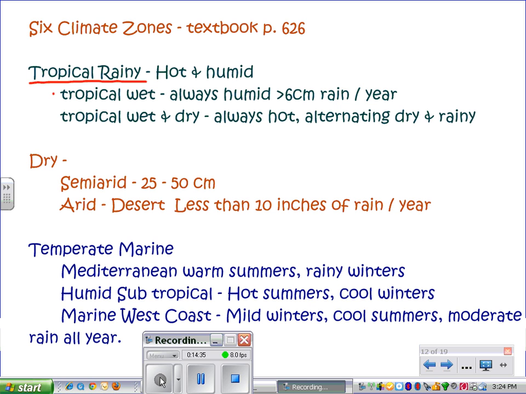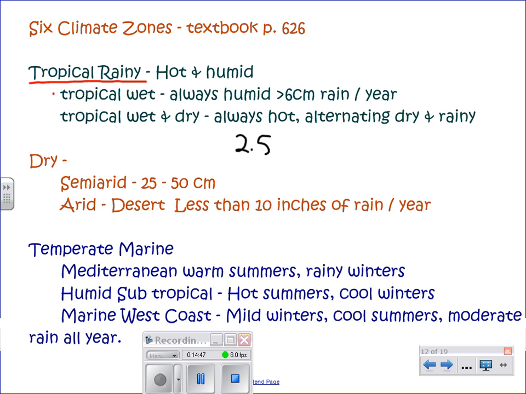And I know most of these rainfall amounts are in centimeters, which is a little bit difficult, but you can convert them. I'm sure you have an iPhone or a calculator that can do the conversion, but basically 2.5 centimeters equals 1 inch. You can do your own conversions to make it more useful for you.